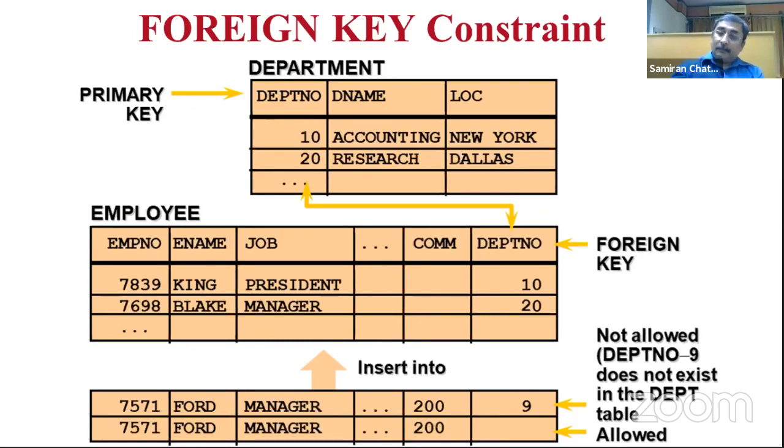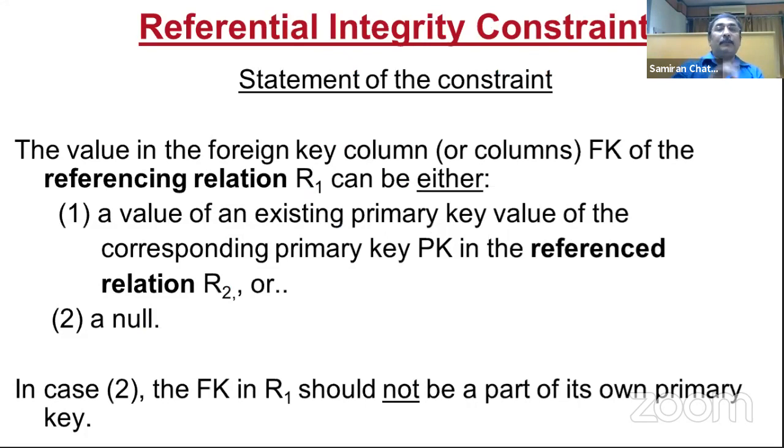So the idea that I talked about is actually formally written in this statement. The statement says exactly what I told you through the example, right? If you want to have a foreign key referring to a primary key in the reference table, the value of the foreign key must be an existing primary key value in the reference table, or it can be a null.